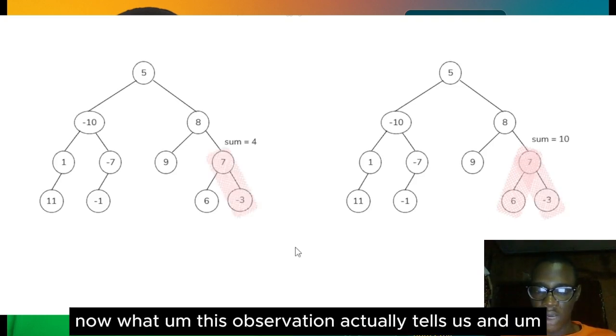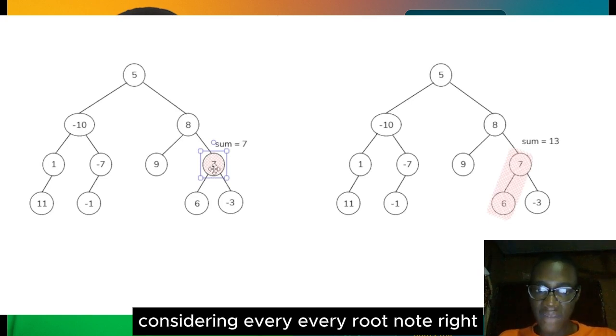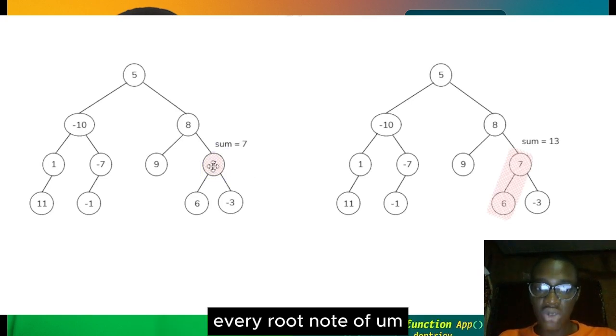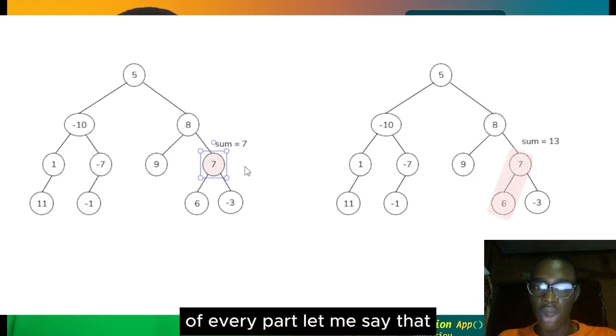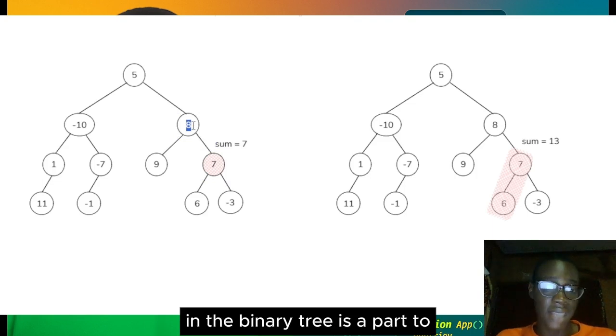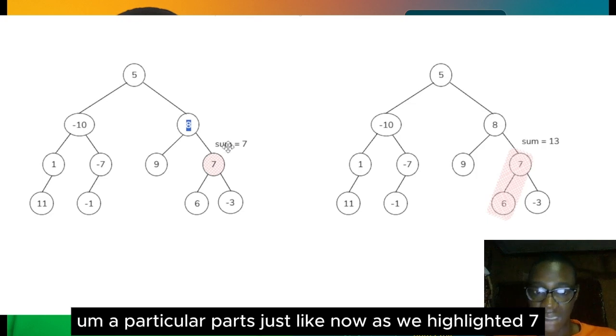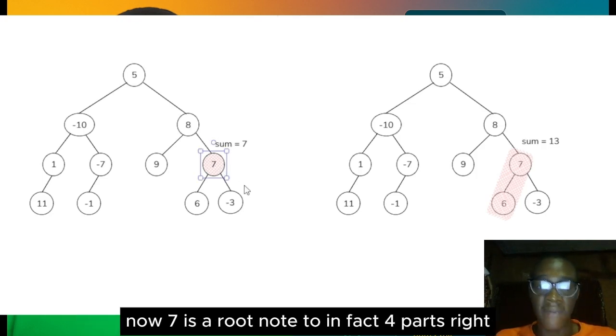Now, what this observation actually tells us, and tries to open our eyes to, is that considering every root node of every path, since we have concluded that every node in the binary tree is a root node to a particular path, just like now, as we highlighted 7, 7 is a root node to, in fact, 4 paths.